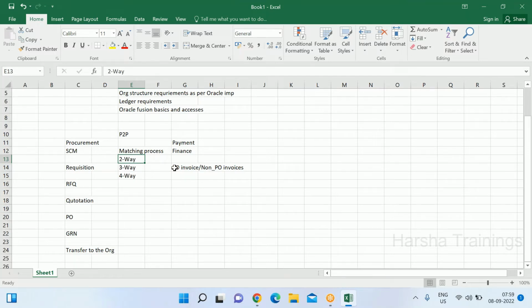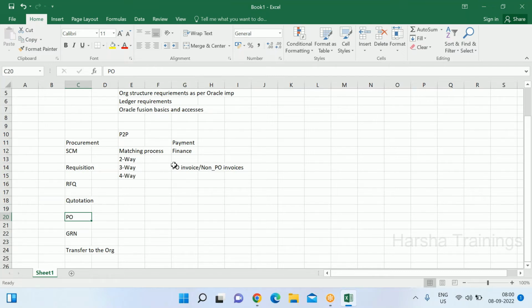Then every time, the system matches the invoice with the purchase order. There are two activities involved in this matching. That's why it is called two-way matching: purchase order and purchase invoice.